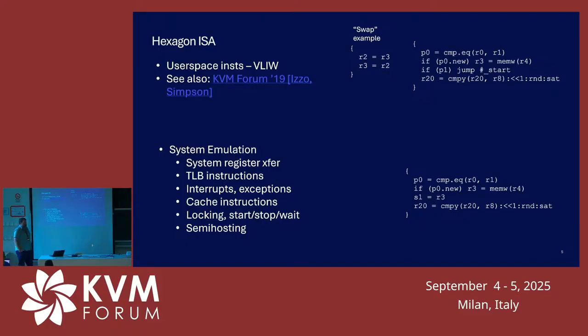Now, the good news is that the really interesting system instructions are required to execute on their own, but some of the simpler ones, like the register transfers, are not.